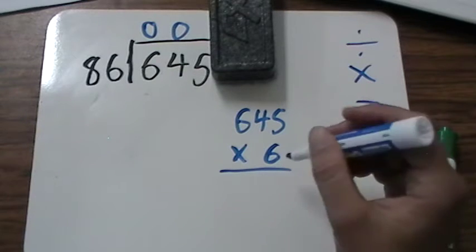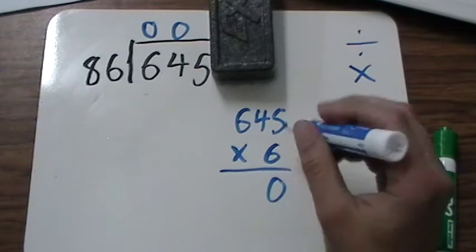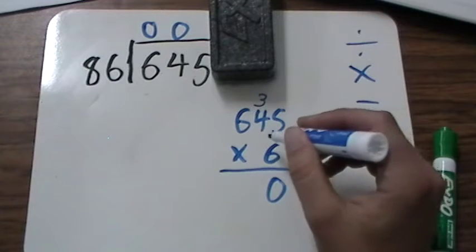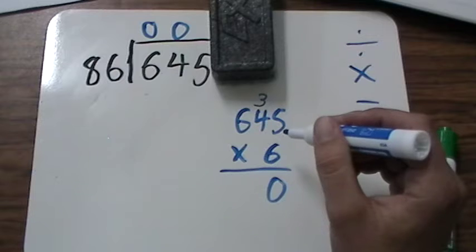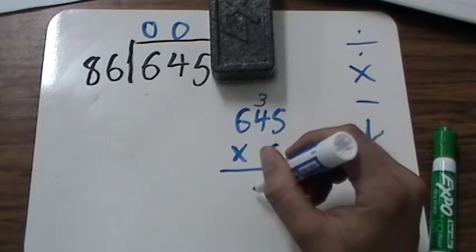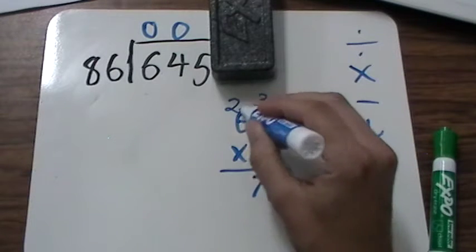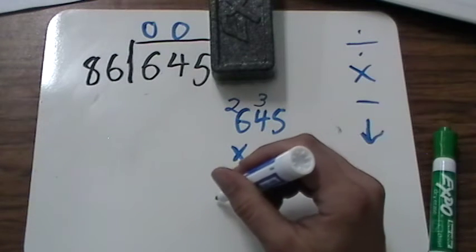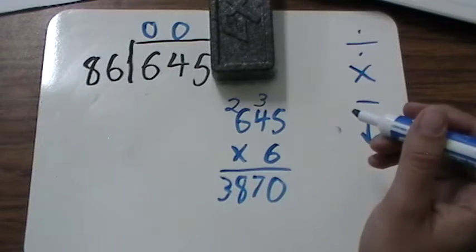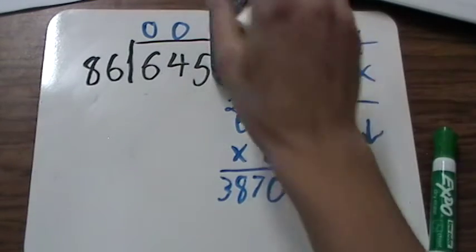6 times 5 is 30. 6 times 4 is 24. Plus 3 is 27. Carry the 2. 6 times 6 is 36. Plus 2 is 38. Oh, that's a little too big.